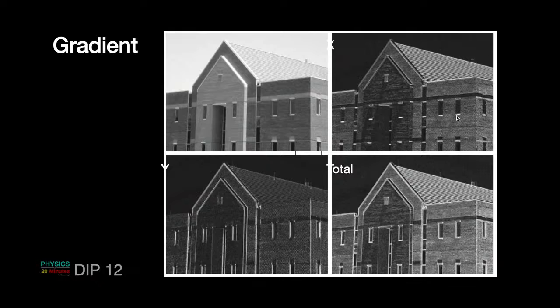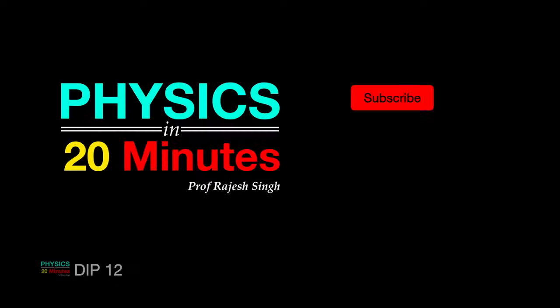All window frames which are horizontal here are very bright, but all which are vertical here are very bright. Horizontals are not. So as we have seen, we can calculate the square root of gx squared plus gy squared to give you the final image. So this is nothing but the final gradient image. Okay, so that brings us to an end for this lecture. Thank you.